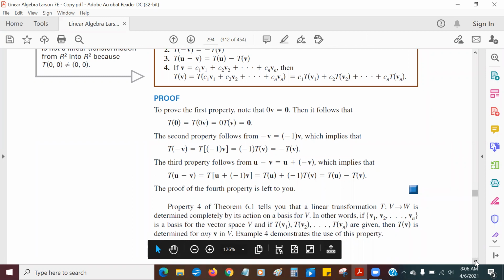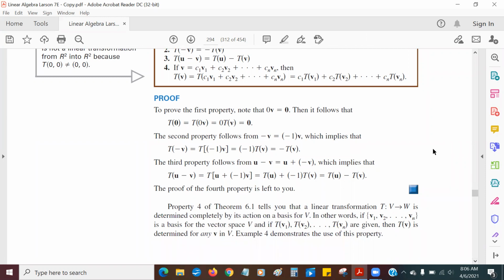However, there is a theorem that tells you that a linear transformation is determined completely by its action on a basis. Interesting.